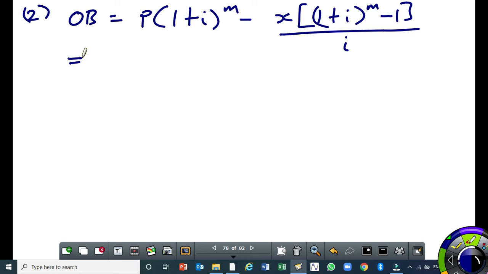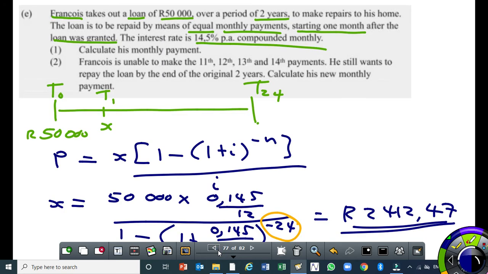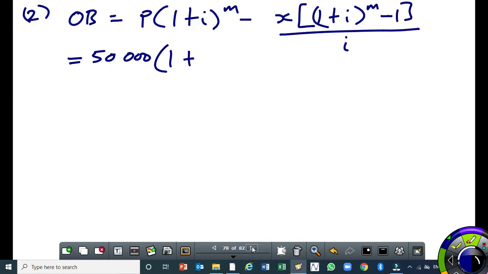Remember, P is the amount borrowed, which is 50,000, times 1 plus the interest, that's 0.145 over 12. M refers to the total number of repayments made before missing any payment, and for this question, it's going to be 10.